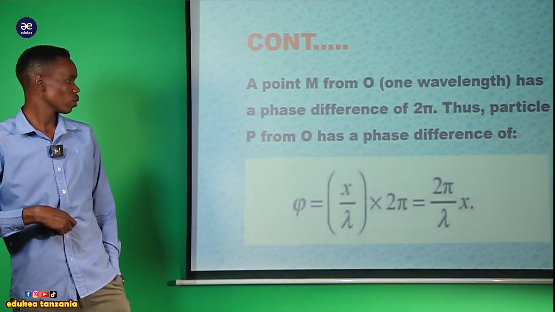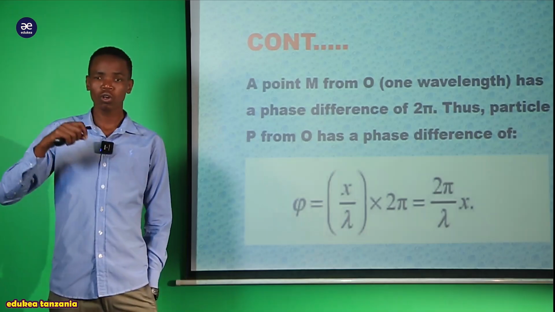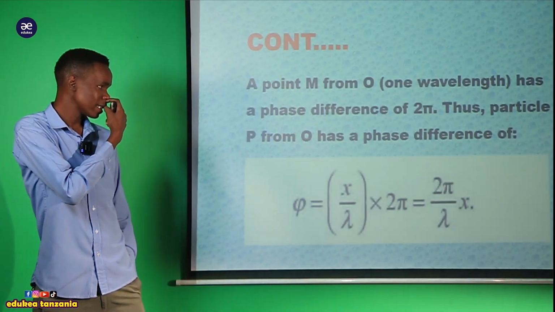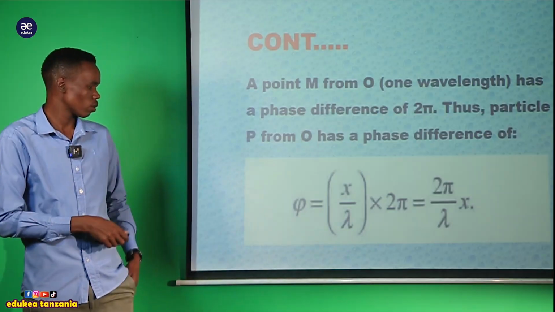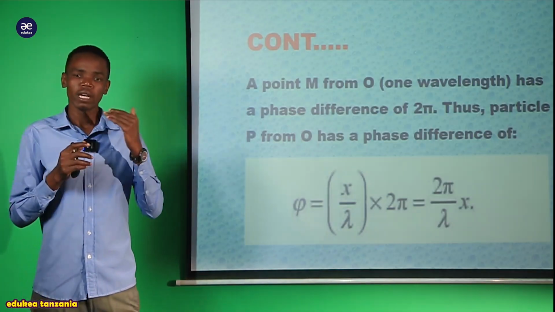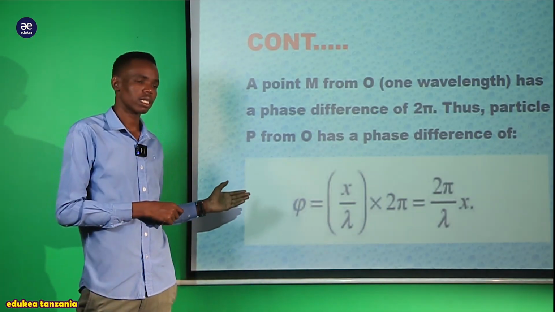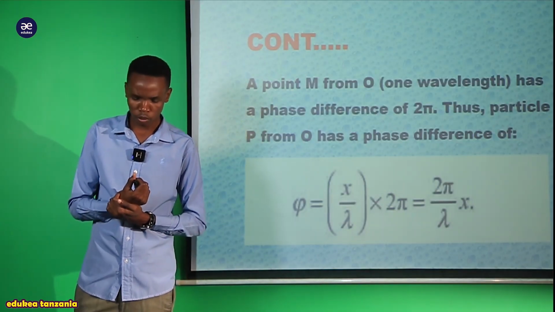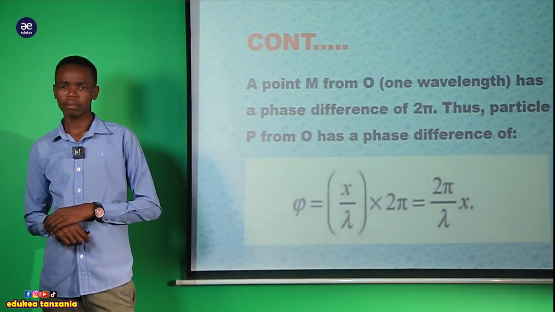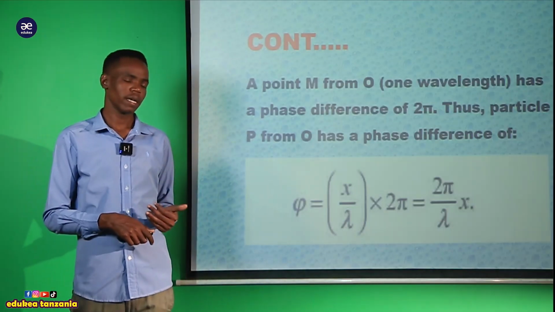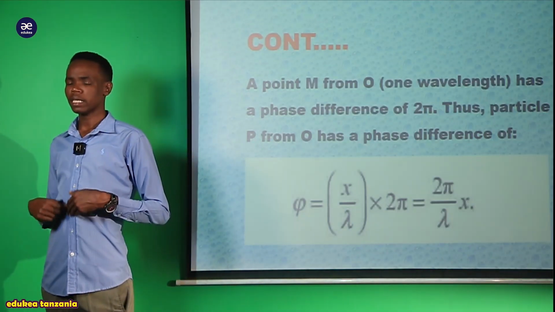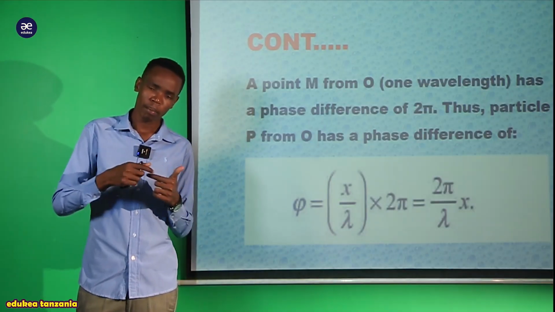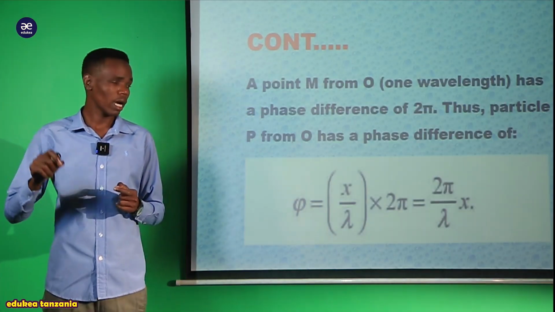Kwa sasa ili tuweze kupata kwenye particle P kutoka kwenye O pale kwenye particle P, yule phase difference must be expressed firstly. It must be expressed by this letter here, as we observe, my lovely students, which might be equal to x divided by λ. Lambda implies the wavelength, lakini huyu x ana imply the distance from O up to the point P, my dear students.